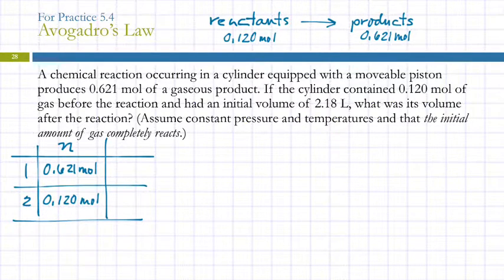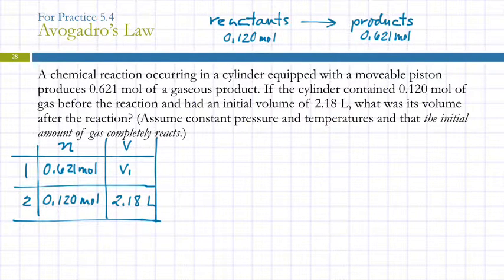Regardless of what we call them, 1 or 2, they need to be together. In some problems like this one, it's a little harder to identify which ones go together. Then they're asking for the volume after the reaction. This is my volume column, and so this is V1. So I'm going to solve for V1.